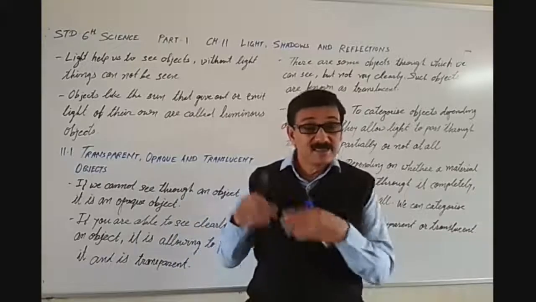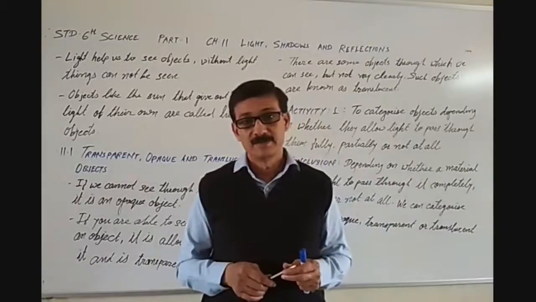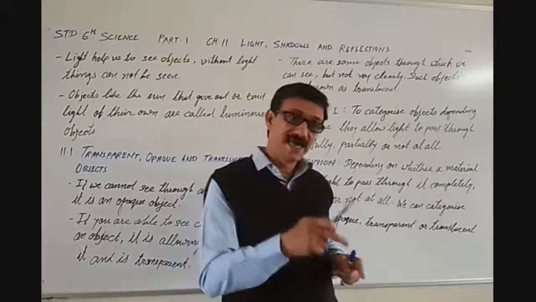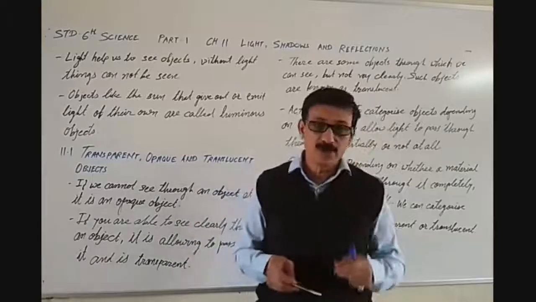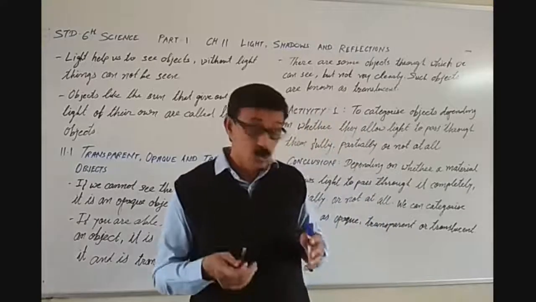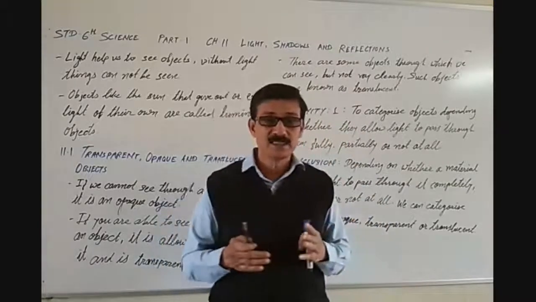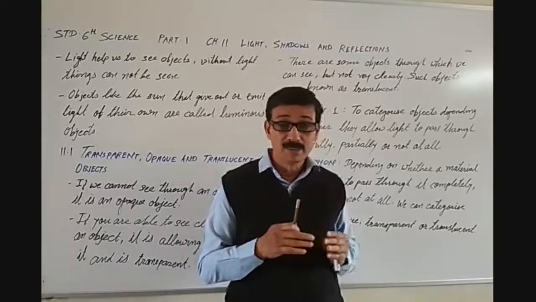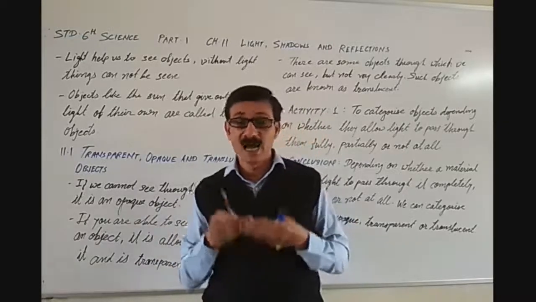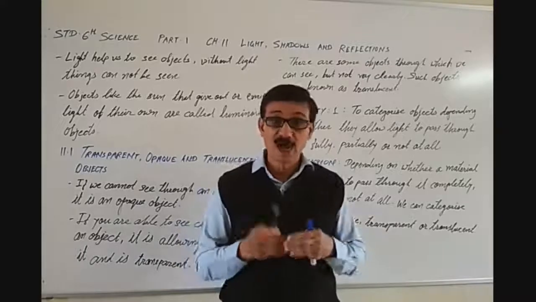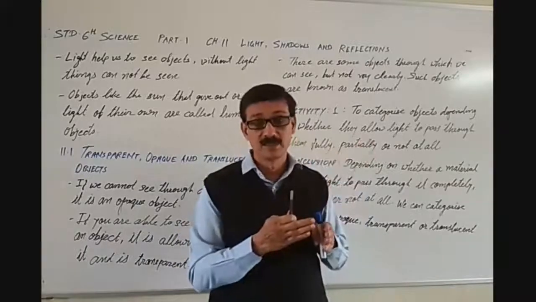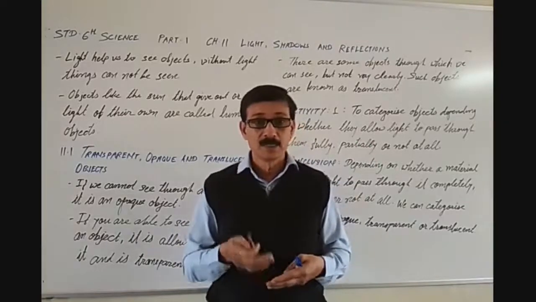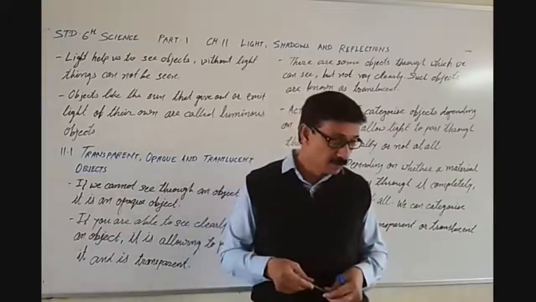How can we see the object? Okay, I will answer you from the textbook after a while. We see many objects while going to school, but the question is how we see the object, the process behind it. Okay, look into your textbook.